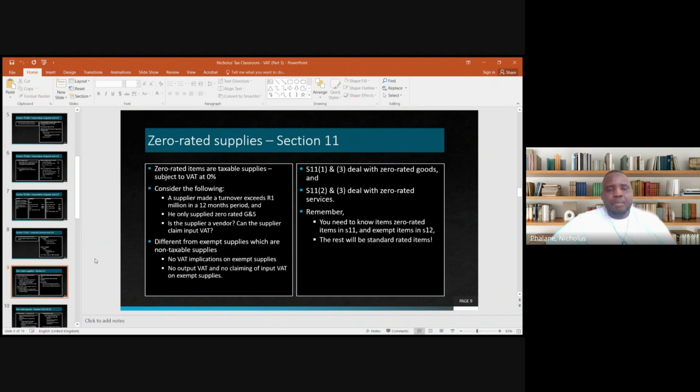As you purchase items that you're going to use in your business for the supply of these goods or services, which are taxable at 0%, you may be allowed to claim input tax. So you are levying and paying over zero to SARS, and you are claiming amounts in the form of input. So it is beneficial to you as a VAT vendor.